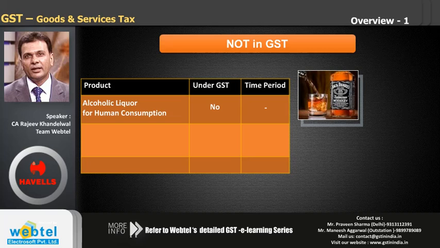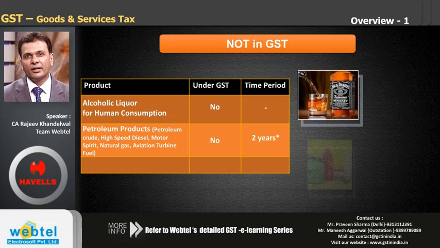Obviously a lot of resistance came from the states because this is a very good revenue earner for them, so they did not want it to go out of their control. That is why VAT, etc. will continue on these, and alcoholic liquor for human consumption will not come under GST.